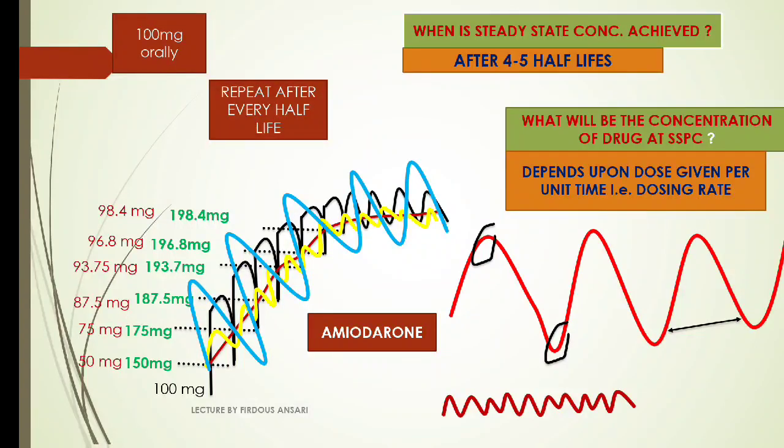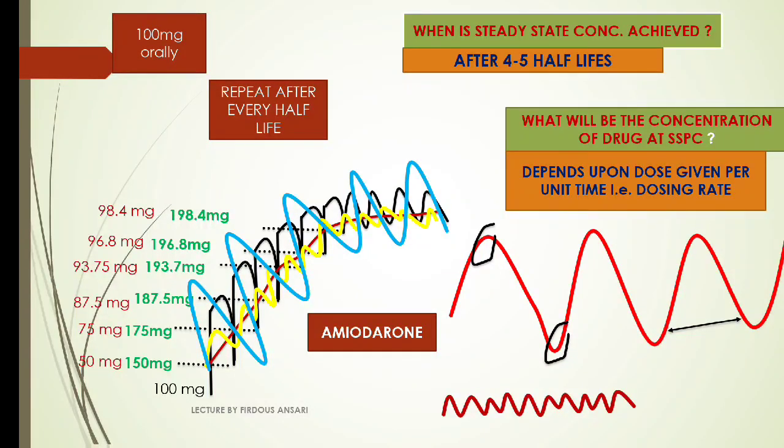When we want a steady state concentration of amiodarone, we need to wait for around 4 half-lives. So 4 half-lives of 20 days means we should wait for around 100 days, or you can say around 3 months.